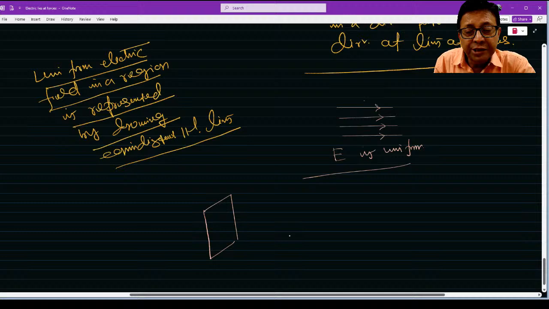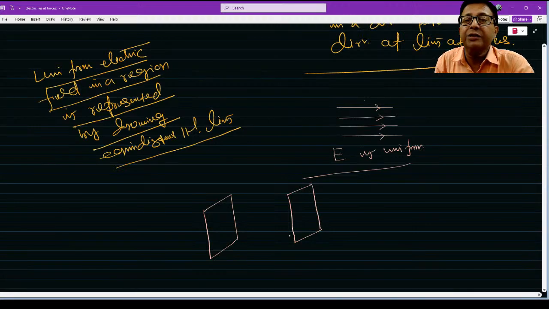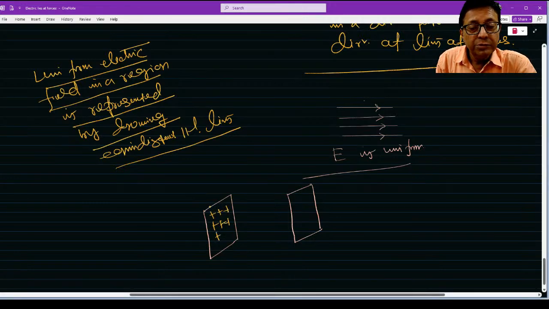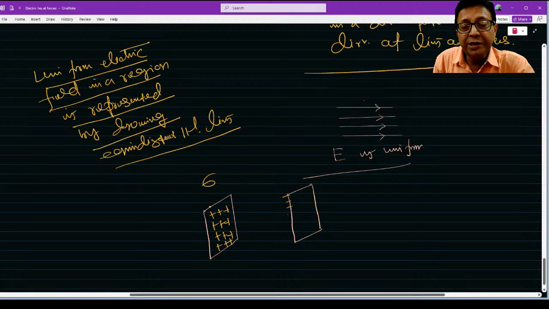To create uniform electric field in a region, we mount these two plates parallel to each other. This plate has only positive charge, uniform surface density of charge sigma, and this is minus sigma.